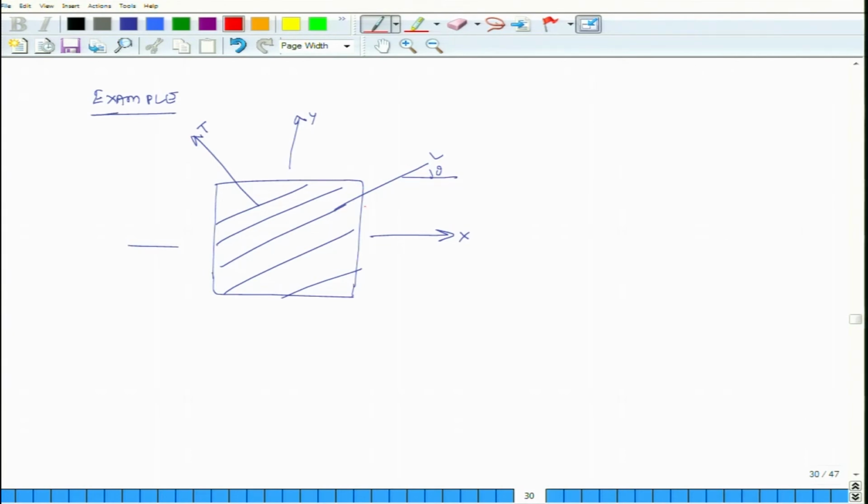It is experiencing a negative sigma x and the value is minus 3.5 MPa. It is experiencing a positive sigma y and this value is 7 MPa.